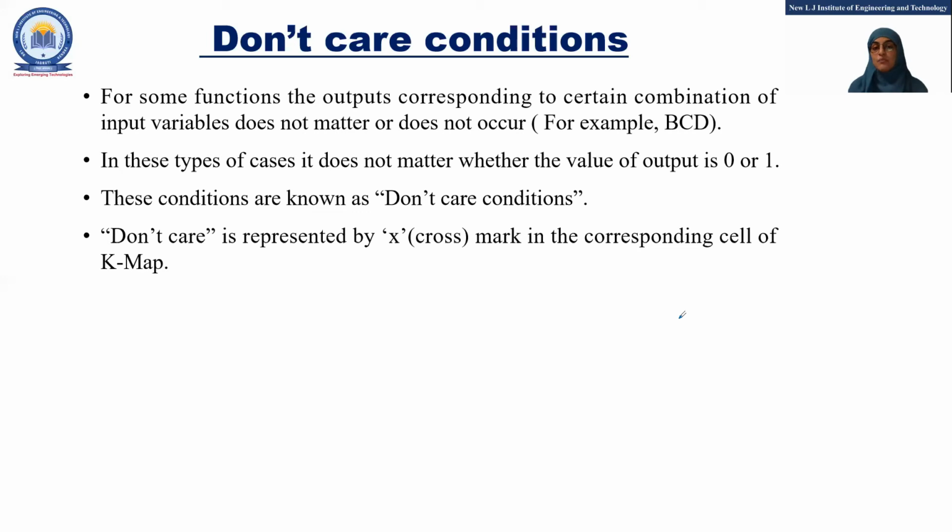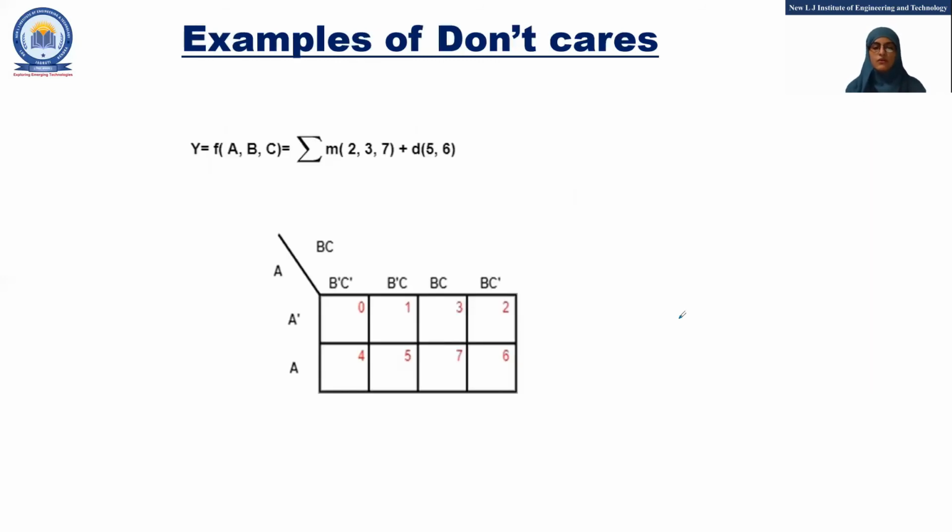So in this type of cases, it does not matter whether the value of output is 0 or 1. These conditions are known as don't care condition. So don't care is represented by cross mark in the corresponding cell of K-map. So here we can consider the output as 1 or 0 as per our requirement. So this is the example of don't care condition.